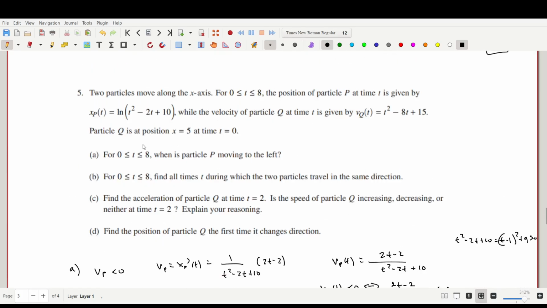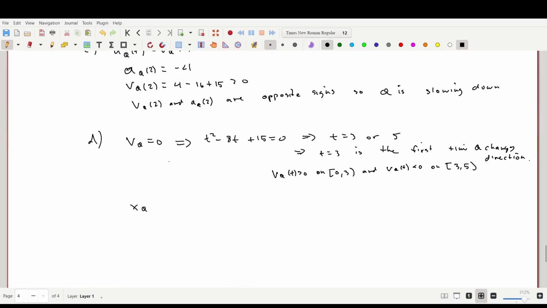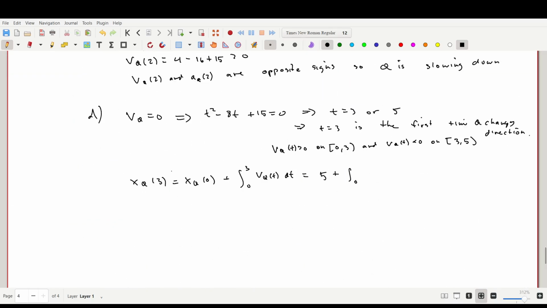So we know XQ of 0 is 5. I'll use that. We want it at 3. So XQ of 3 is going to equal XQ of 0 plus the integral from 0 to 3 of VQ of t dt. And that's going to equal 5 plus the integral 0 to 3 of this quadratic, t squared minus 8t plus 15.